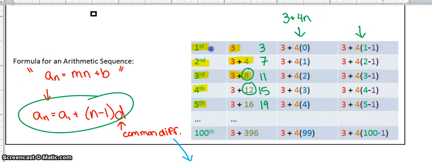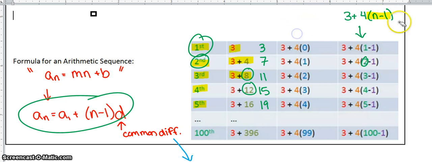In order to make n 0, I can't just change this number, I need to make it n minus 1. So it really needs to be 3 plus 4 times n minus 1, because then if I plug in 1 to that formula, I'll have 1 minus 1, which is 0, so I'd be adding 0 4s. Same thing here, I only had 1 4, but it was the second term. So to add 1 4, I have to do term 2 minus 1 to get only 1 4 added. So that's where this comes from. And that's just the n minus 1 piece that I've explained here, right? So we're comparing, this equation wouldn't work, this one does.